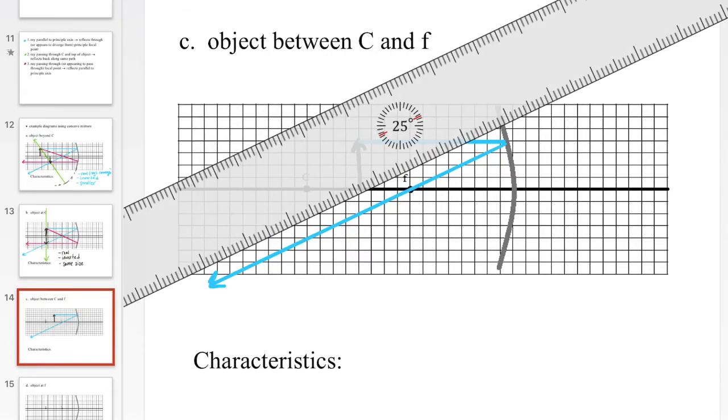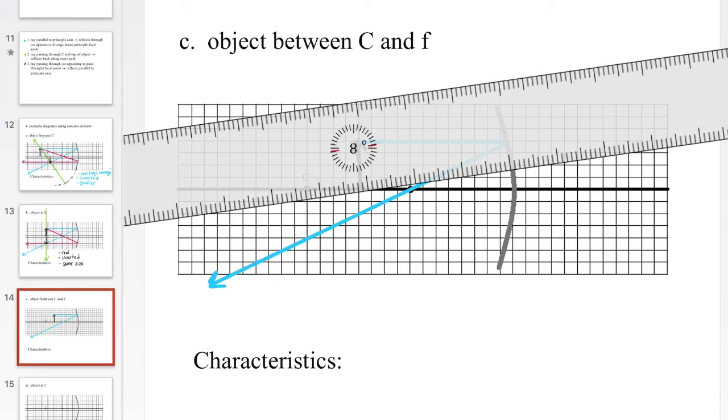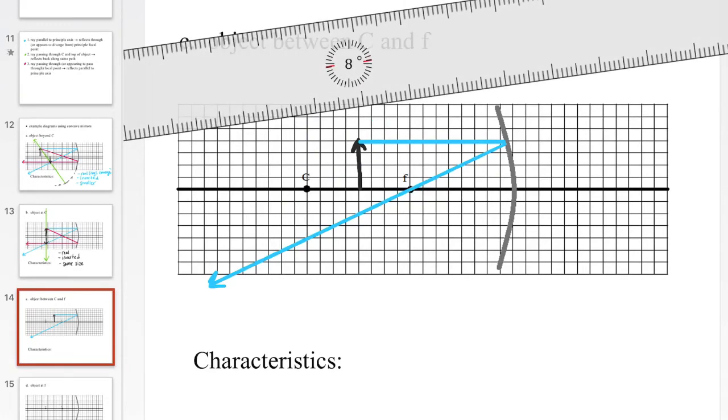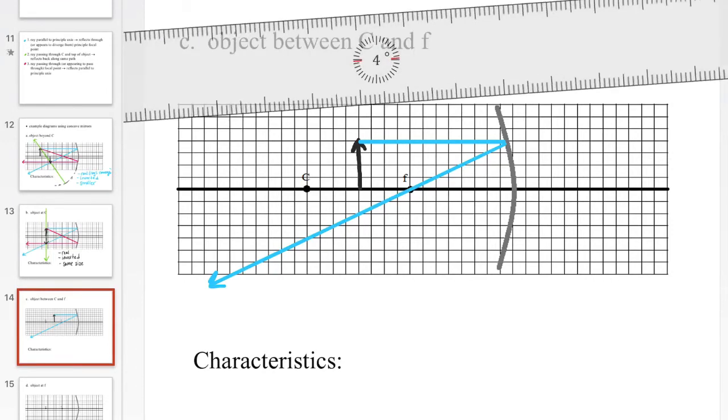Next one, the one that goes through the top of the object and C. Okay, well that one in this case, it's just not going to happen because we are now in front of C. So I'm going to go right on to drawing the third ray, because really you only ever have to draw 2 of the 3 to know what's going on with the image.